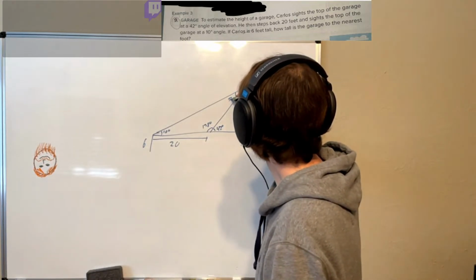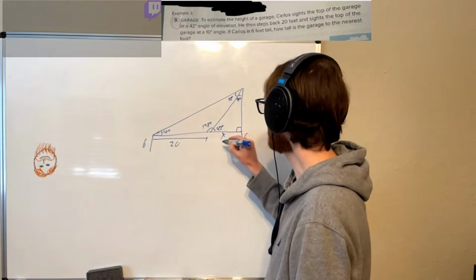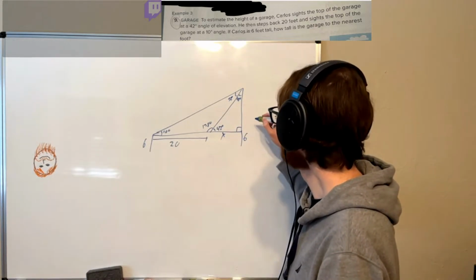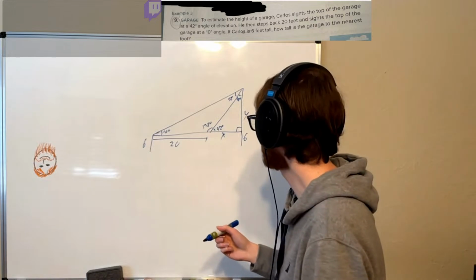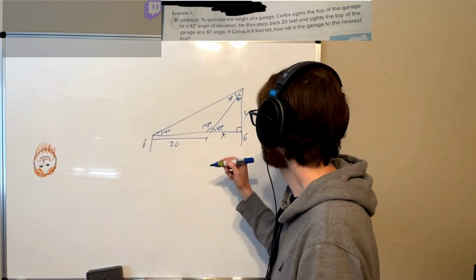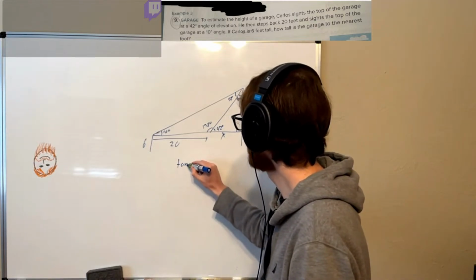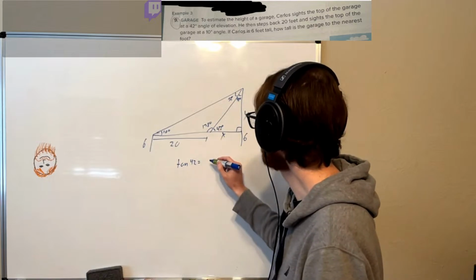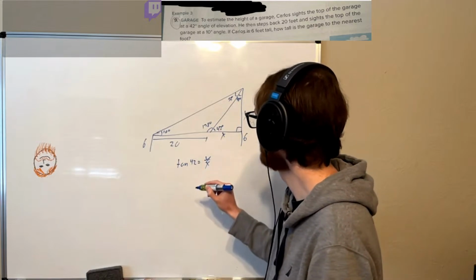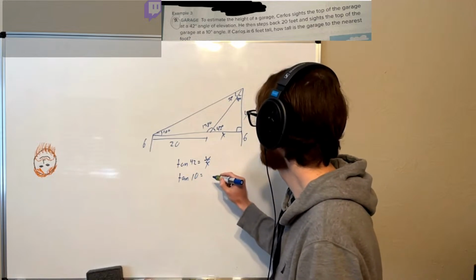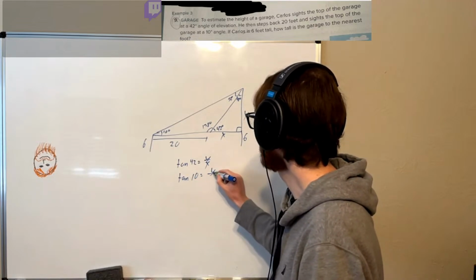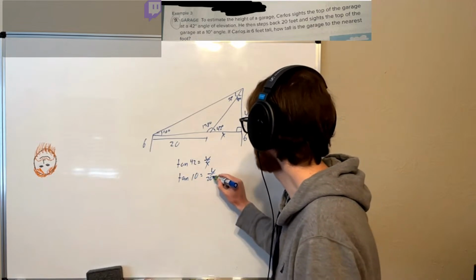Yeah, okay. So I think we call that, say, x and that y. And then can we do some sine and cosine stuff here? Or I guess tangent, rather. Tan 42, just that angle, is y over x. Tan 10 is y over 20 plus x.